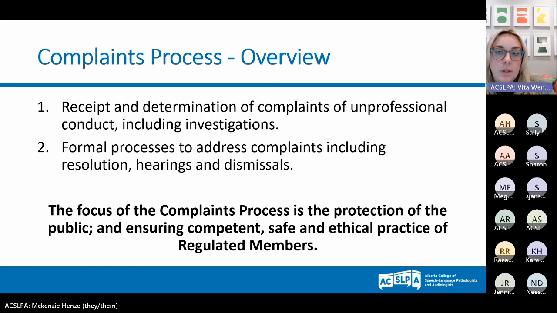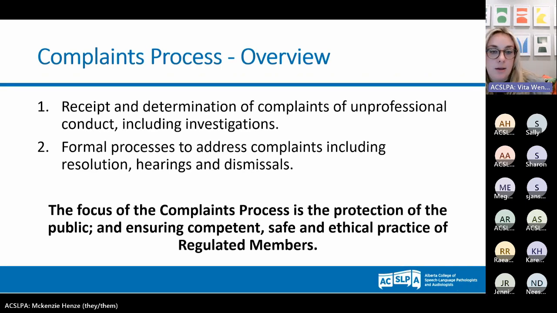In other words, we're distinguishable, and the complaints process is distinguishable from what could be a union, what could be an association, what could be other processes outside of the regulatory process. But the college's complaints process is grounded in our mandate as a regulatory college of protection of the public. Next slide, please.